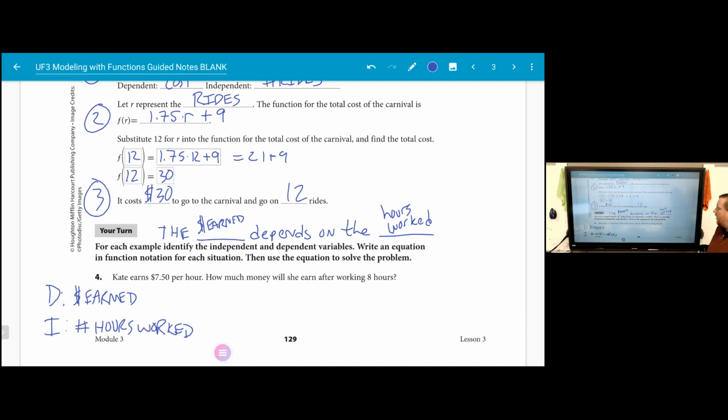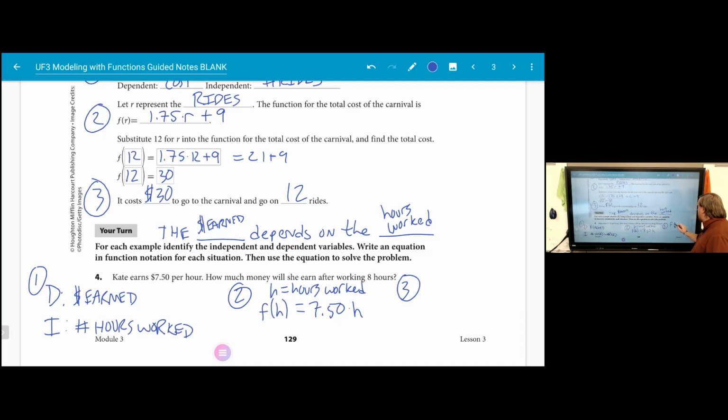Okay. Now we need to write, that was step 1. Function notation, step 2. I'm going to call X, actually we'll do H, why not? We'll get real creative. H is going to be hours worked. So the value of the function for H hours is $7.50 times the number of hours worked. There we go. We need to use this for step 3. Step 3 says, how much will she earn after working 8 hours?